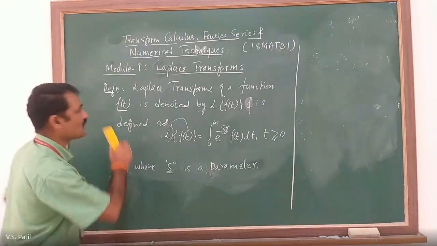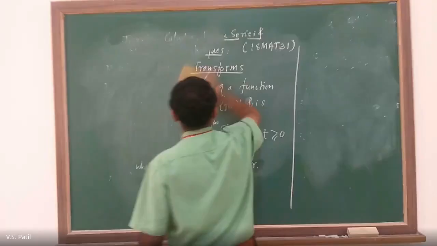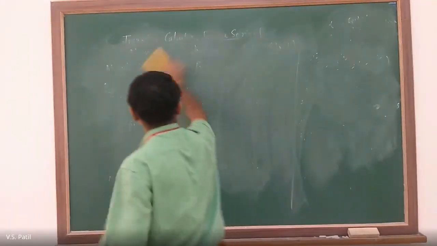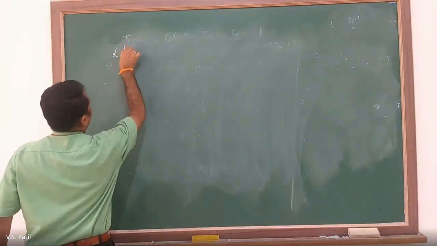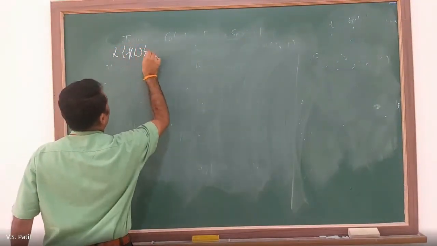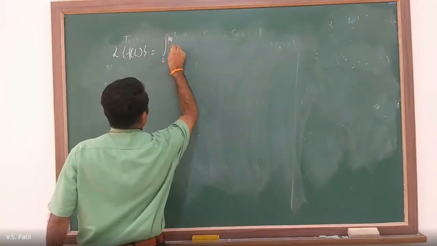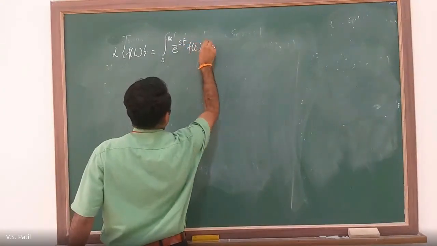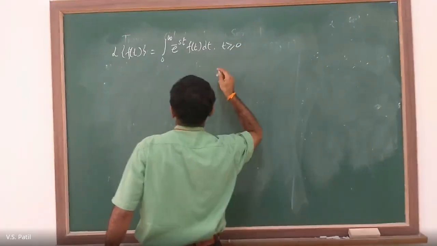Okay, shall I write this now? So therefore the Laplace transform of f of t is denoted by the integration from 0 to infinity of e to the power minus st into f of t dt, t greater than or equal to 0.